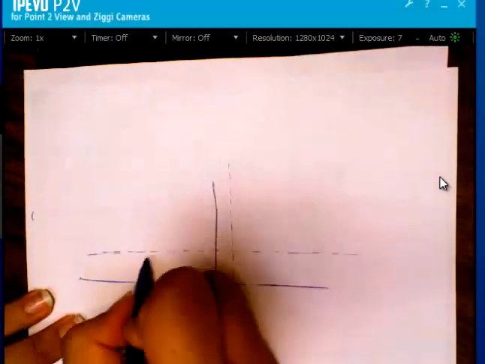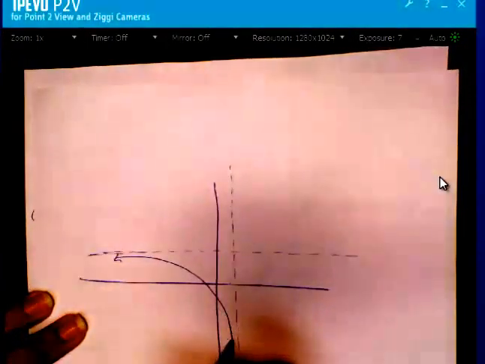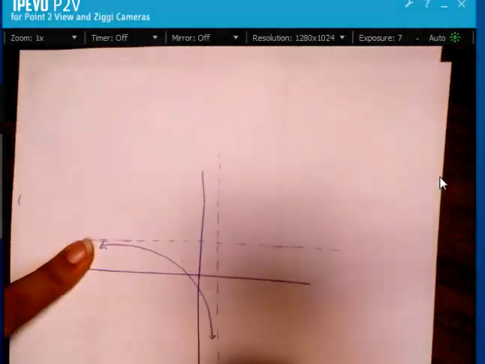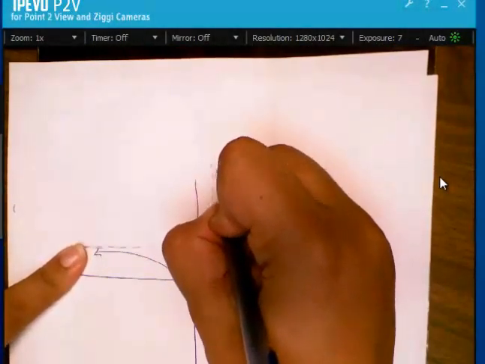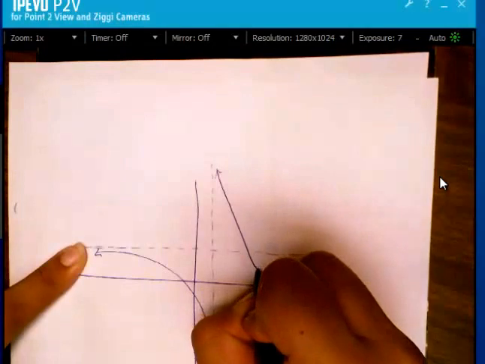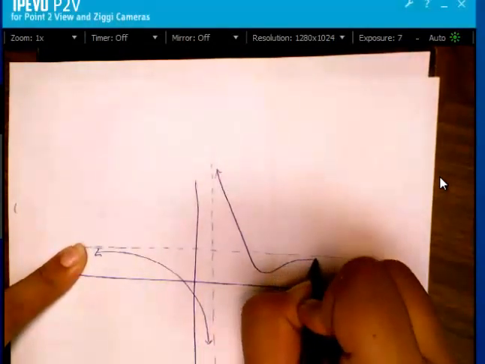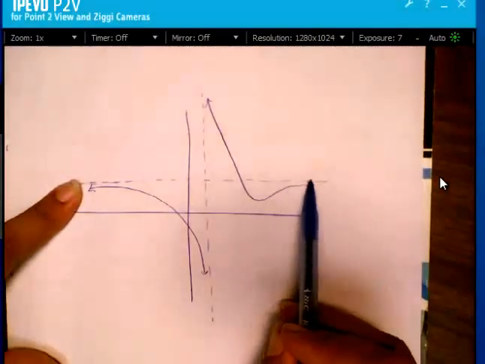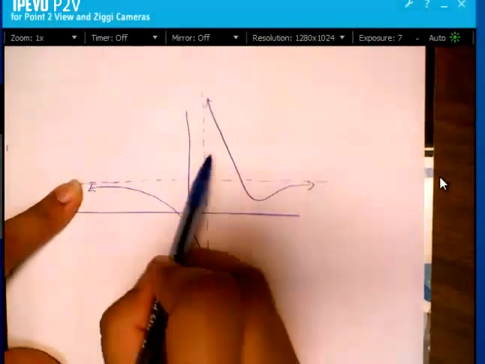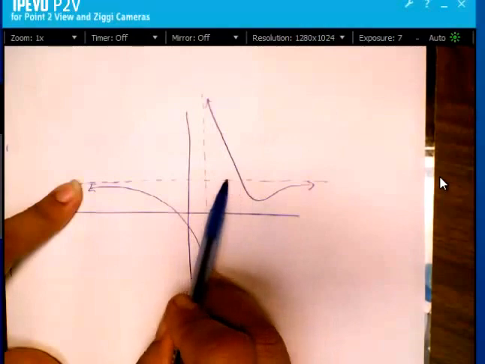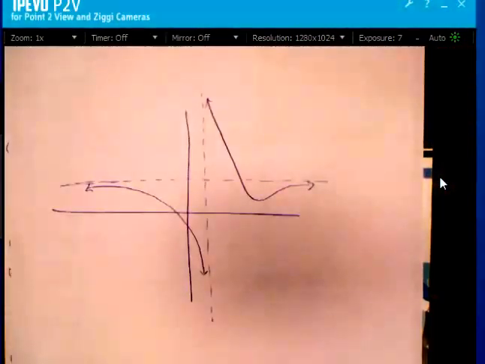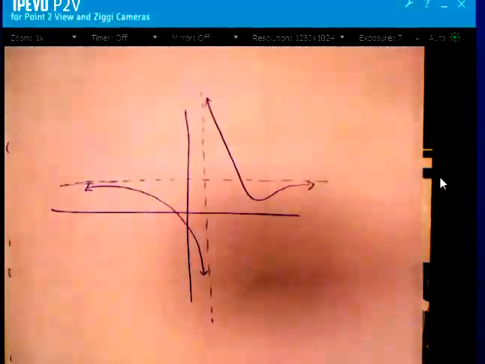Our function may look something like this, where again it's attracted towards our asymptotes, and then right here it could bounce below the horizontal asymptote, but then it comes back up and becomes attracted again towards that horizontal asymptote. So notice that it can cross this horizontal line and then approach it from the other side. So it does happen, and that's why we always need to check for it.